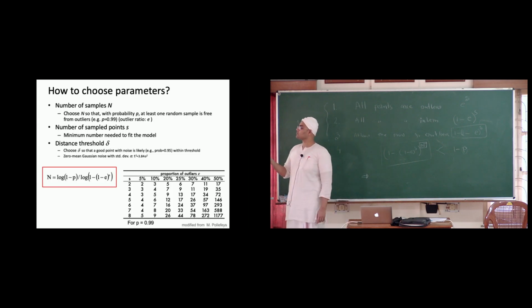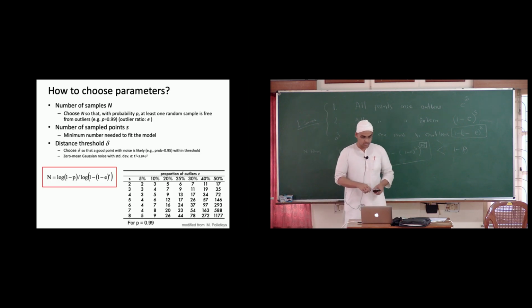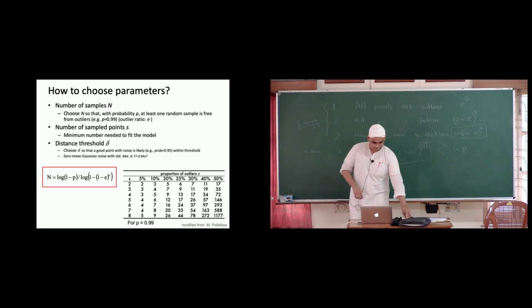But based on the threshold, the probability also gets reflected. The probability also depends on this threshold. Why?